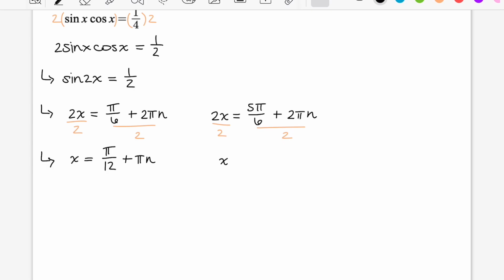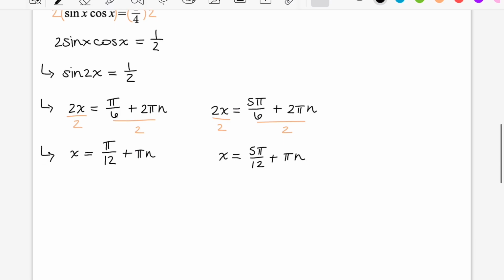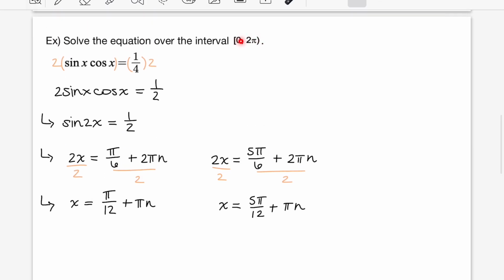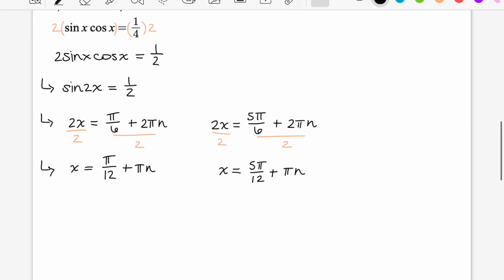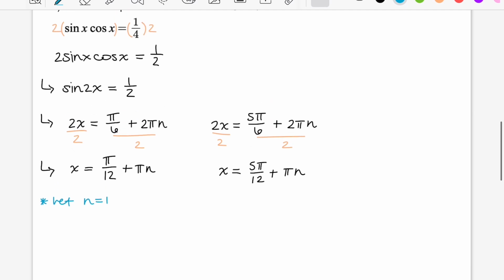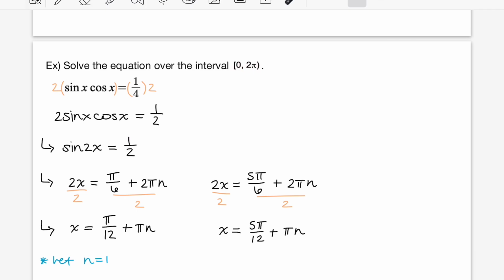And similarly, x is also going to be equal to 5 pi over 12 plus pi n. So this would be our solution set, both of these, if we were looking for all solutions, not just in this interval here. However, what we're going to do is we're going to let n, in this case, be equal to 1. And we want to do this because we want to make sure that we're catching all of the solutions within this interval here.